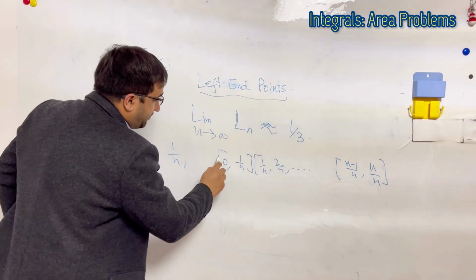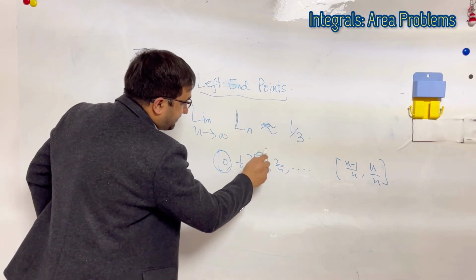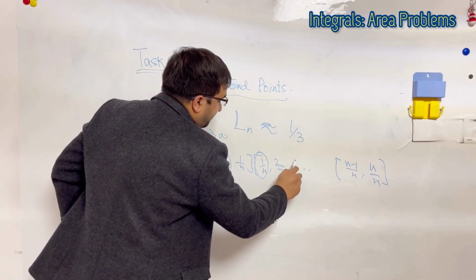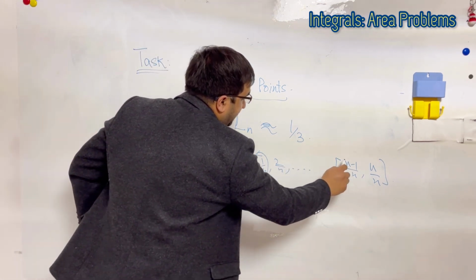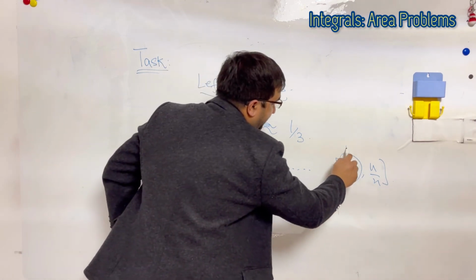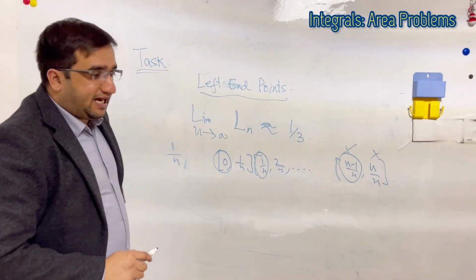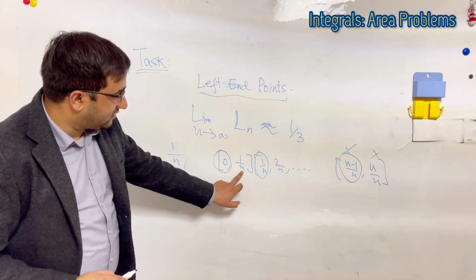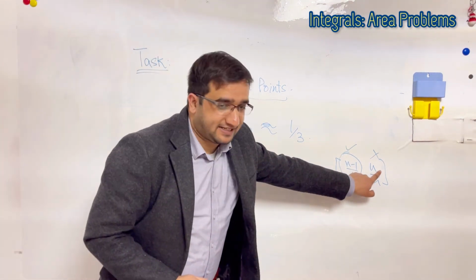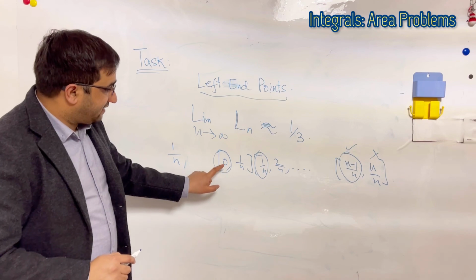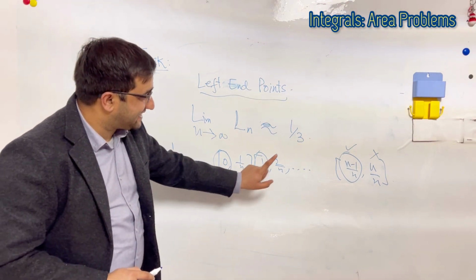Now you have to pick up these guys. Then from the next it will be 2 by n, and from the final you will pick up this, not this. I picked up the right points, this guy, this guy, and this guy. Now you have to pick up left guys. This guy, this, and this one.